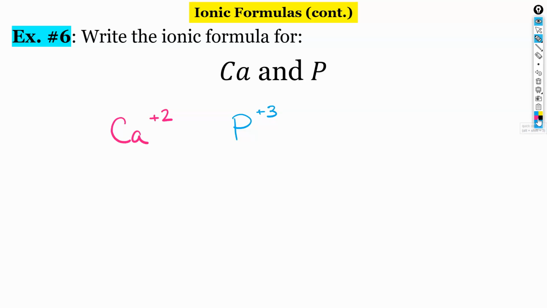So the easiest way to do this is to just multiply our 2 charges, 2 and 3, to get to a common number of 6. So to do that, I'm going to need 3 calciums and 2 phosphoruses.